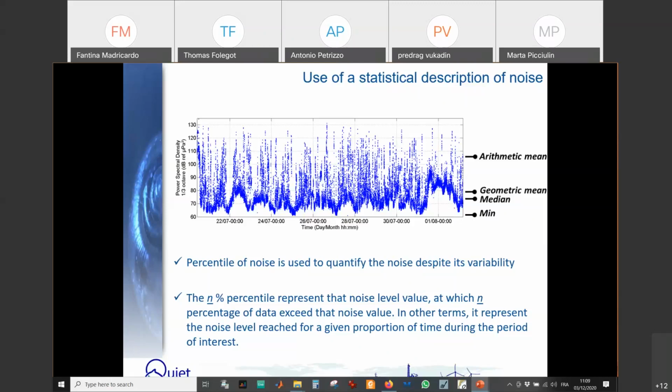Yes, I think it is Southall 2007 that already introduced the PTS and TTS, kind of recommended values to use for impact assessment. This reference has been updated already two or three times, I think. Now we are more on a reference called NOAA 2018, if I'm correct. This is the very latest version.